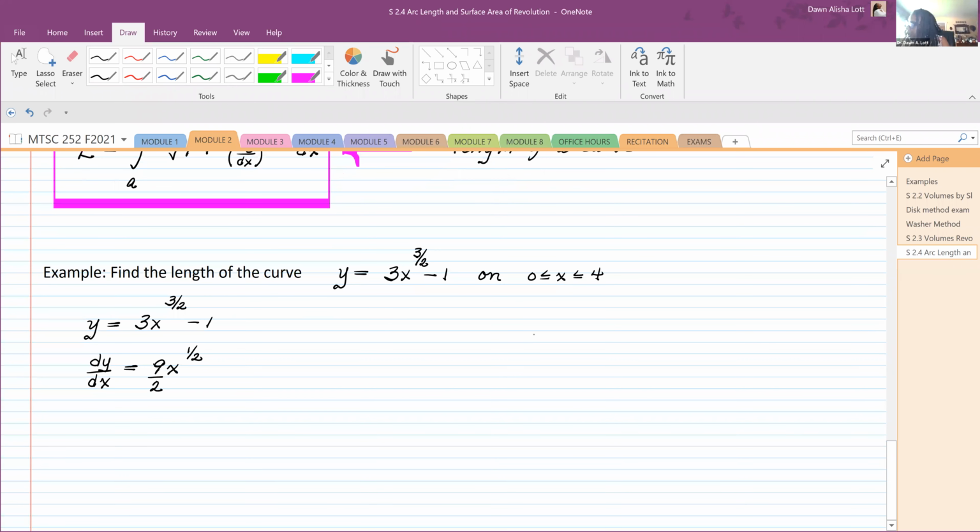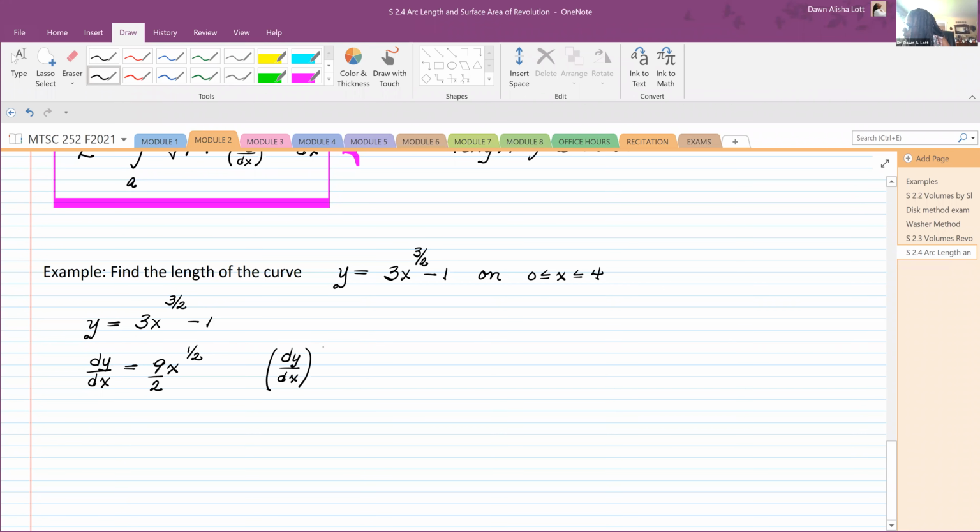Now I need to find dy dx squared. So that becomes 81 over 4 x. Okay, everybody with me? I haven't done anything yet. Actually, I've done most of the problem.